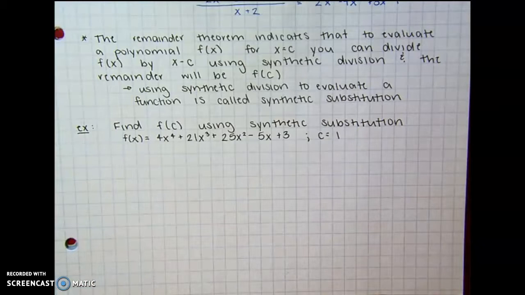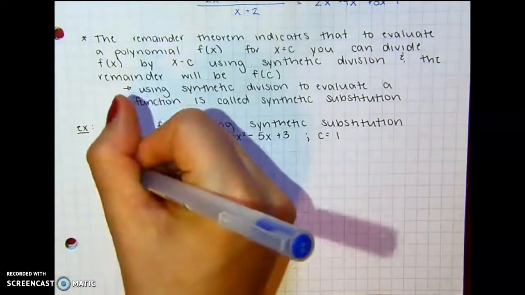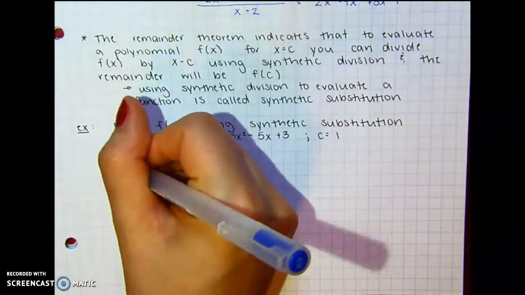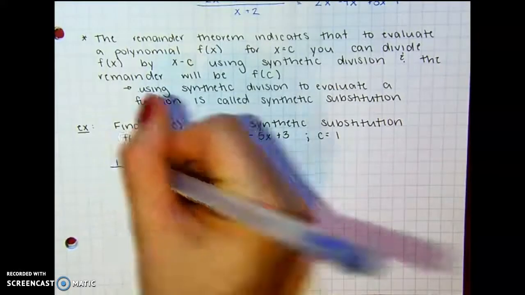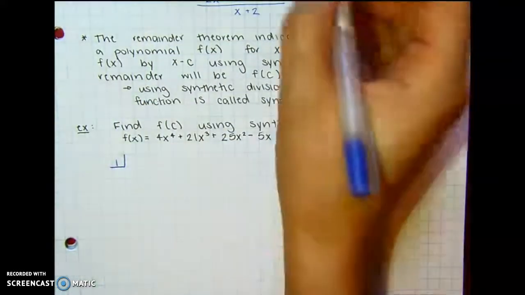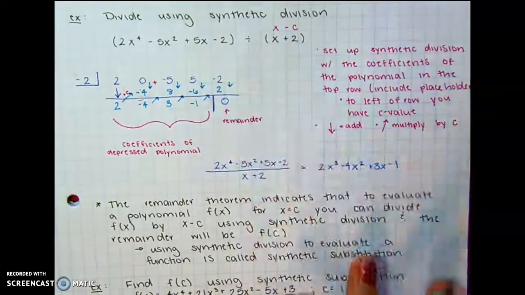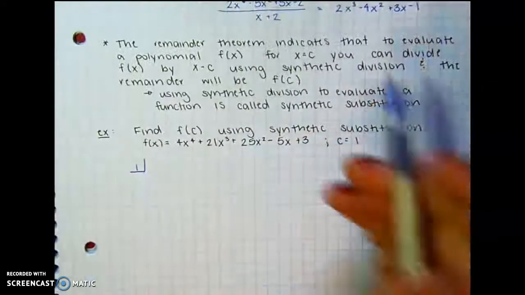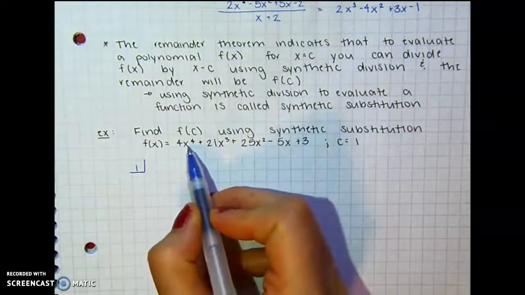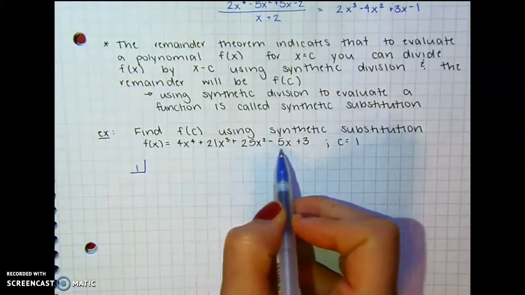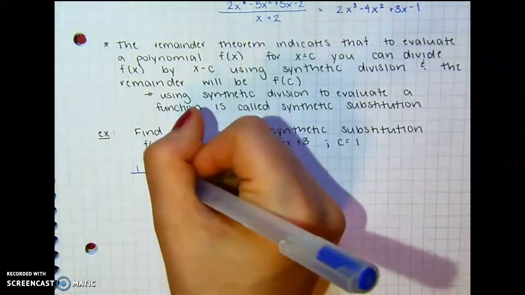So remember to set it up. We're going to put c in the left, so 1. And this time we were given c just like as is, so we don't have to like do the opposite. Where here it was plus 2, so c was negative 2. Okay. Then we write our coefficients, and it does go 4, 3, 2, 1, so we don't need any placeholders.